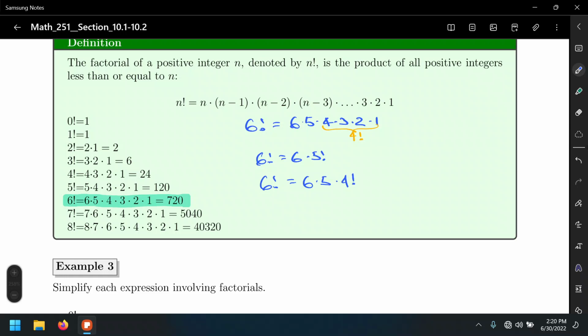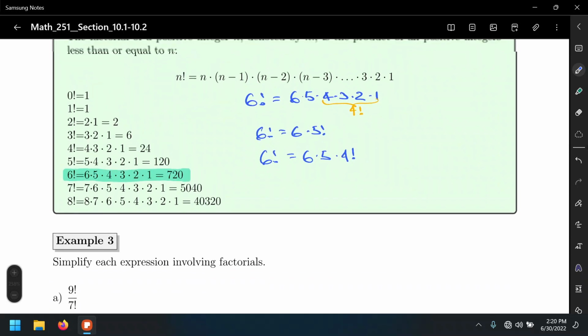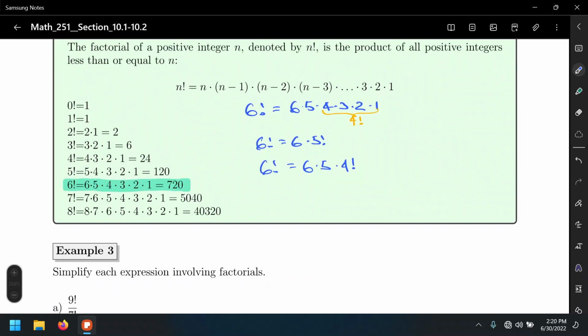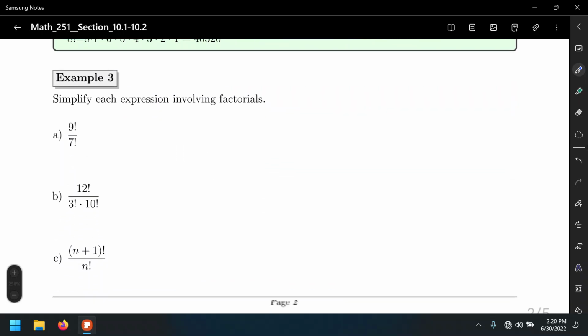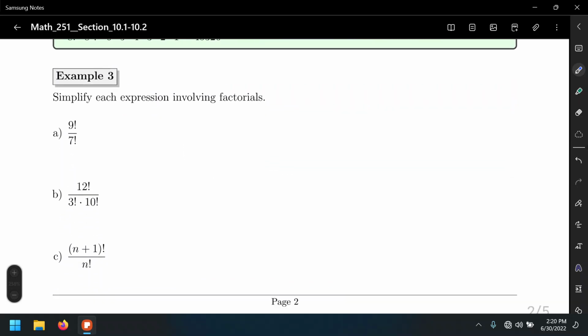Which one are we going to use? It will depend on the need. To see this in action, let's look at some examples. One important note is both factorials of 1 and 0 are equal to 1.